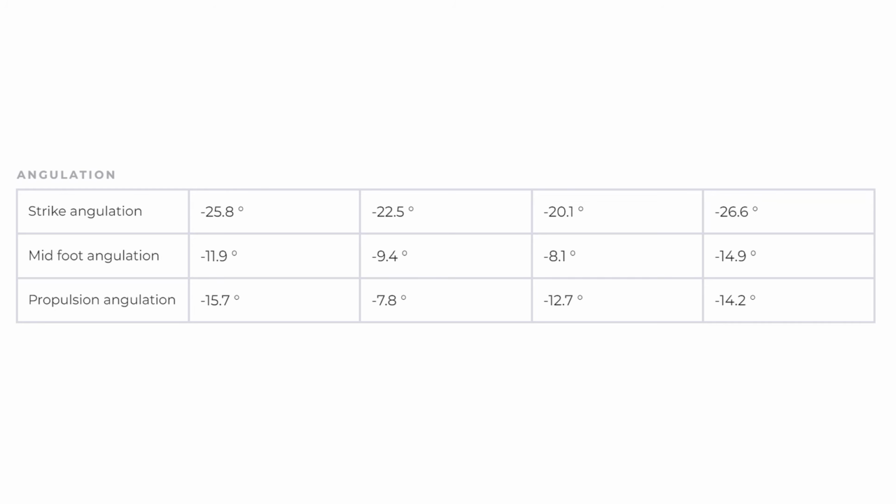But we start to see this progression in the midfoot angulation where she's not going back into inversion, right? Which again can be related to supination for whatever reason on that right side, and that's probably one of the reasons she's spending a little bit more time in contact during that propulsive phase, percentage wise.